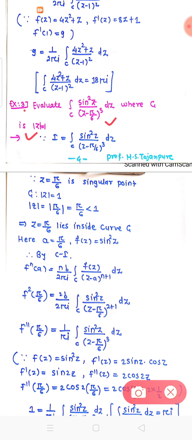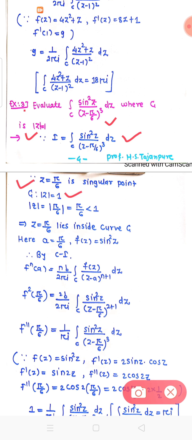So again you denote this integral by I. Now the singular point is z equal to pi by 6, because when you put z equal to pi by 6, the denominator becomes 0, so it is the singular point.